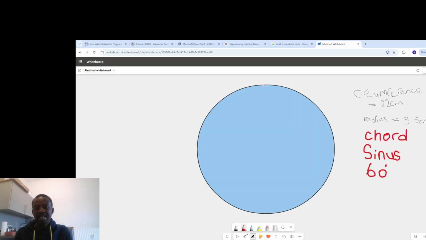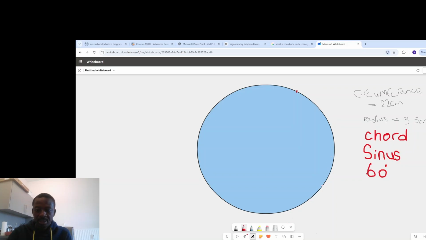So let's take it that this is the lid, which the circumference is 22 centimeters and the radius is 3.5. Let's say we have a point here and another point here.